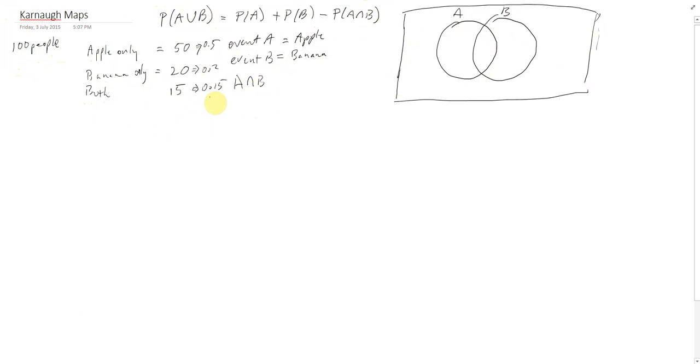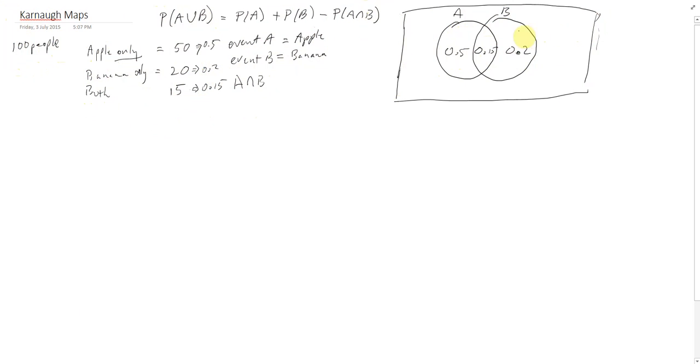So both is 0.15, so that's going here, 0.15. Now, this is apple only. So that means this goes into this zone here, because that's apple only. It doesn't mean apple at all, it just means apple only. So that's a 0.5 here. And banana only, 0.2, that goes here.